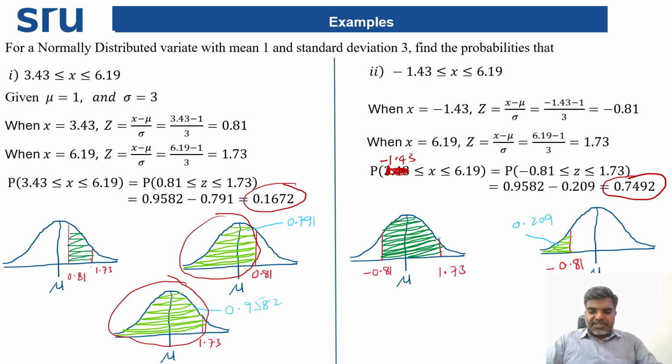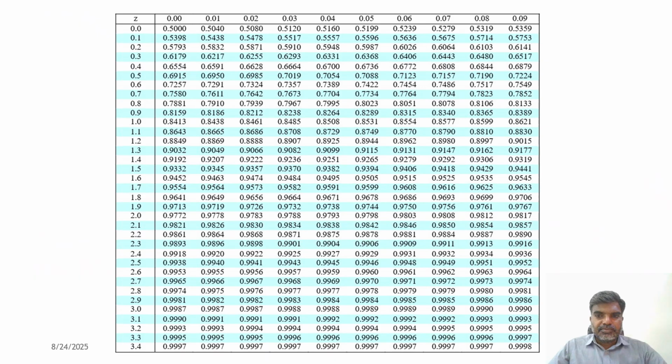See how to use the z table. Suppose when z equals 0.81, the probability is 0.791. Now we will see how to find the area under the normal curve for the given z. In our previous example, z equals 0.81.